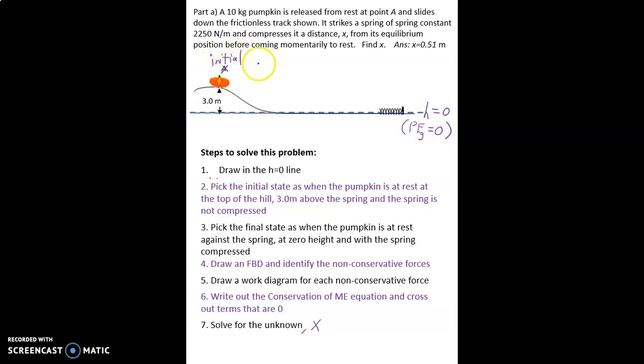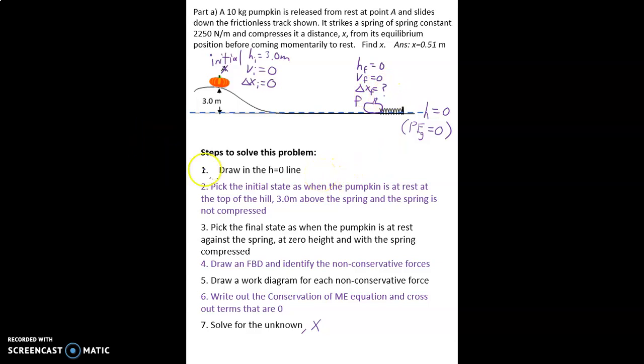So hi equals 3 meters, vi equals 0, and delta xi equals 0. Down here, we're going to have our pumpkin sitting here, and that's our final state. hf equals 0, vf equals 0, and delta xf equals, well, we don't know.